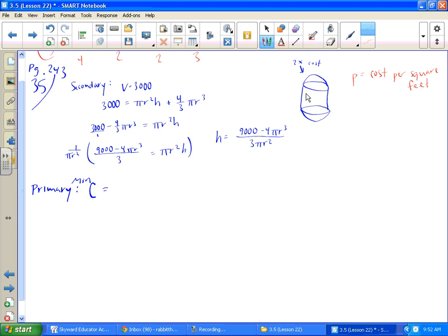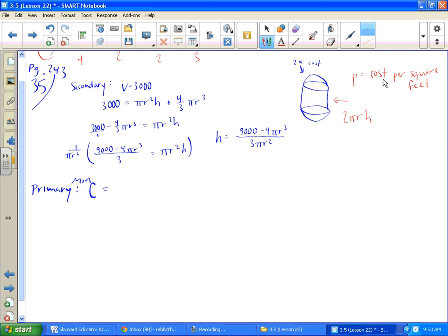So let's write an equation for the price of this here, or the cost for this here. So what's the area, the surface area of that? What would be the circumference? 2 pi r. And what do I have to times that by? The height, and that's going to be the surface area of this, right?